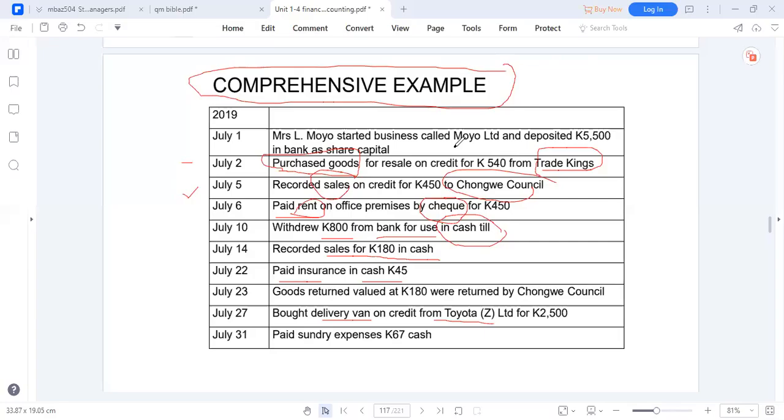Okay, so now we can look at the comprehensive example.